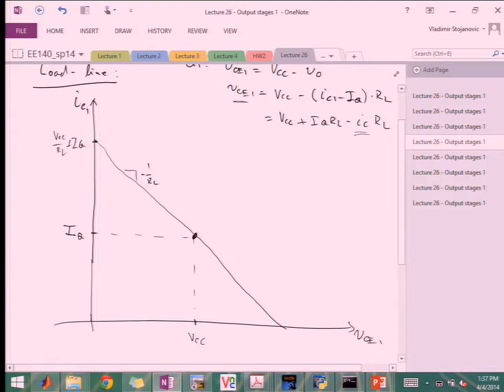Now on this one, we can add various transistor characteristics. As we're changing VBE or Vin, we're going to have a bunch of transistor curves. Let me draw it a little bit more BJT-like.